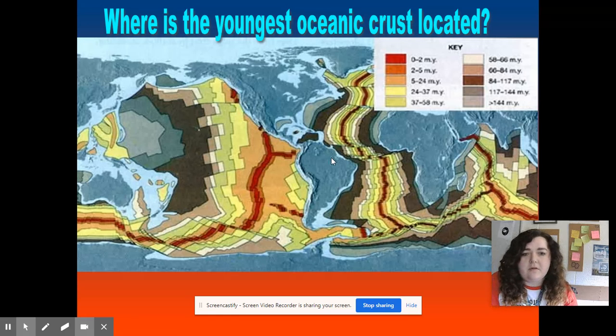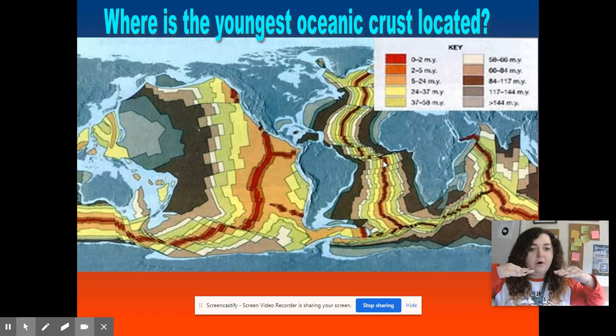And another important thing to see here is if you look at this ridge, you can kind of see a pattern. So on the direct sides of the ridge, you have the same color, and then the same color, and then the same color. So for your third blank right there underneath 2, or your third bullet, you're going to want to put the ages of the ocean floor mirror each other, because it's going to be almost the same thing here as it is here, because at this ridge, the plates are pulling apart.